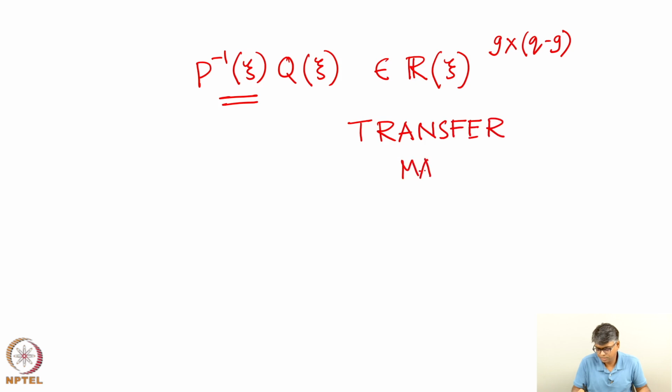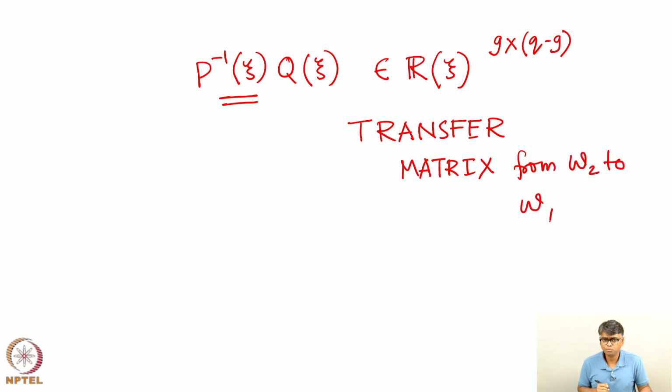And from what we have studied so far, it shouldn't come to you as a surprise. Transfer matrix from the variable w2 to w1. In control theory language, this means w2 can be viewed as an input and w1 as an output.